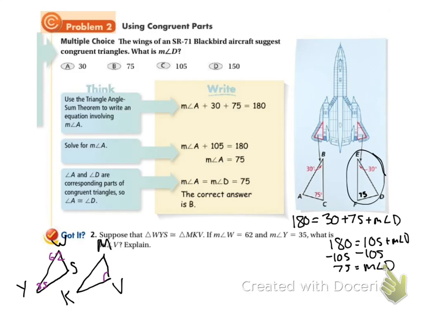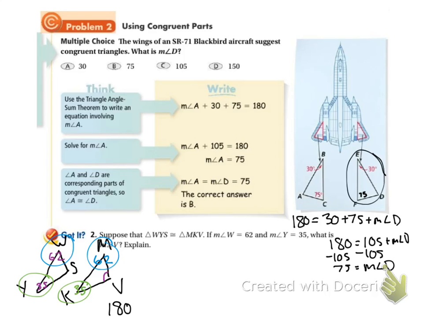So if I know these are congruent, I know that W is congruent to M, so this must be 62. And I know that Y is congruent to K, either by taking it from my statement or from looking at my picture. So this is 35. To find angle V, I know that triangle needs to add up to 180.